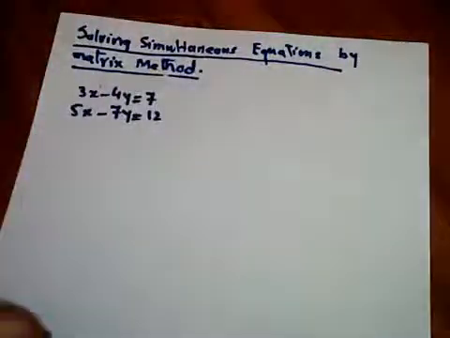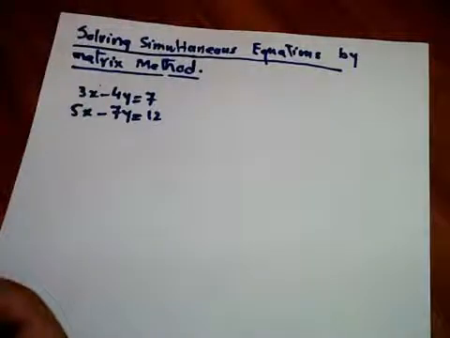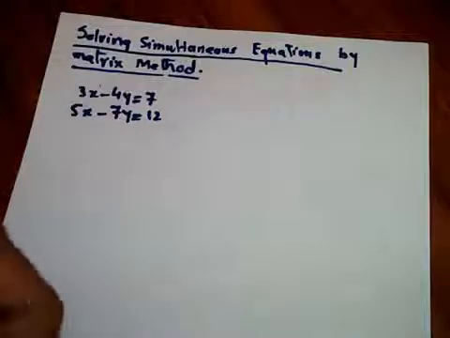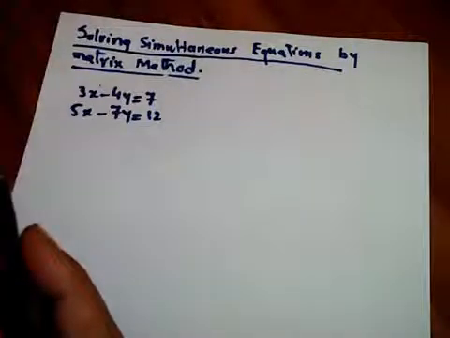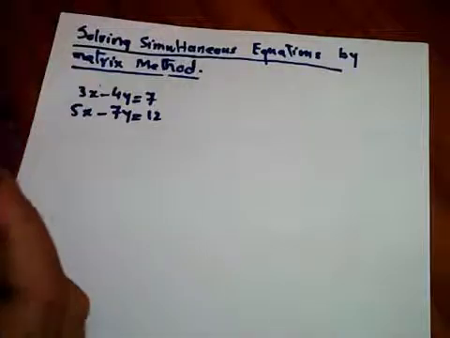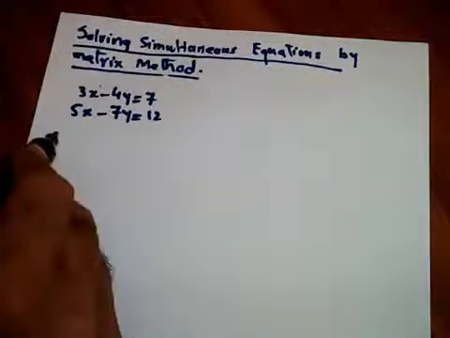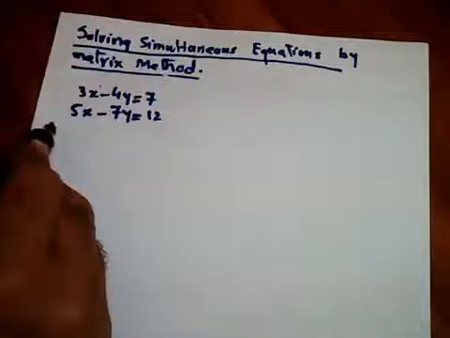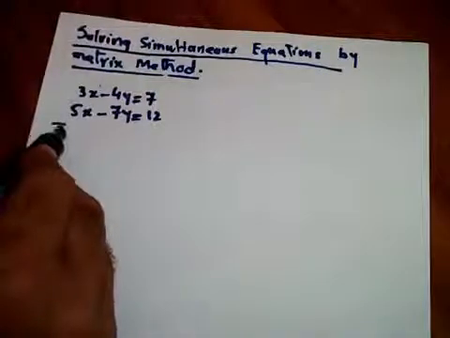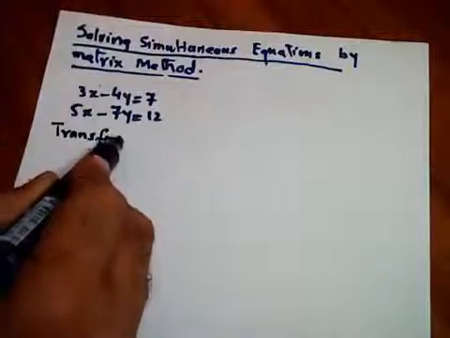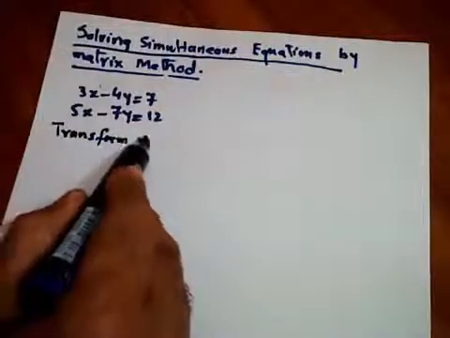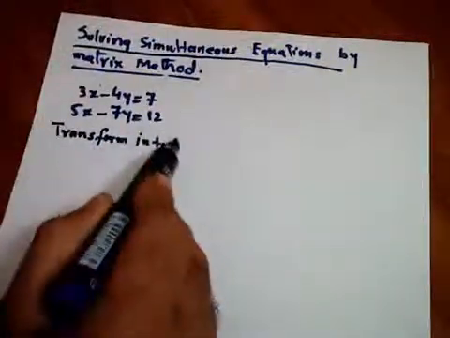So the first step is to transform the equations into matrix form. How to transform them? Simply put a matrix notation, and in the first column take the coefficients of x.